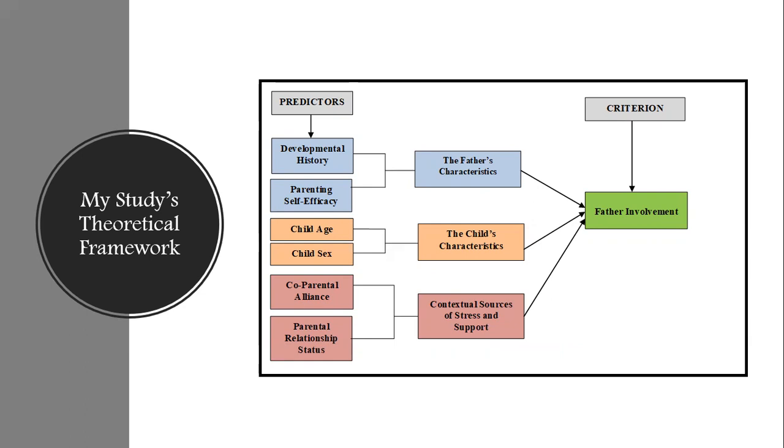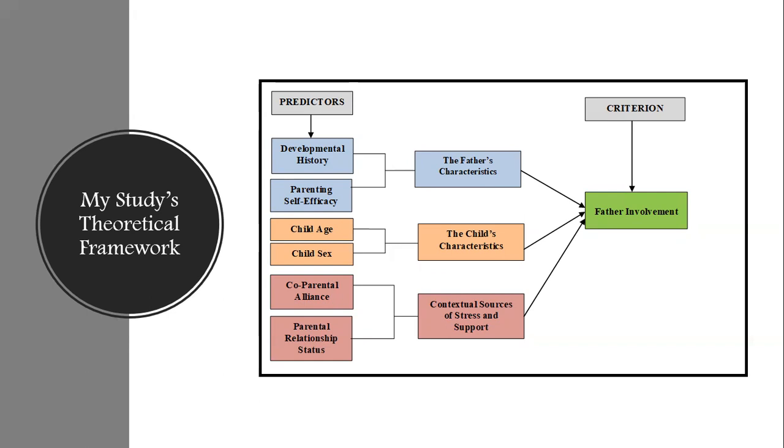I also looked at the child's age and the child's sex or gender. And then finally, as it relates to the broader context, I looked at the co-parental alliance. So the extent to which the father felt that he had a cooperative relationship with his child's mother. And I also looked at the status of the relationship between the parents. So did they report being married? Did they report being divorced?